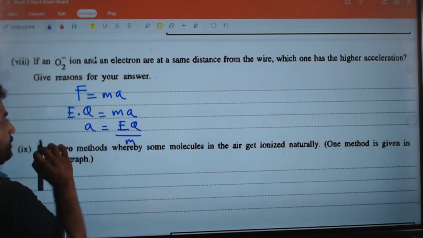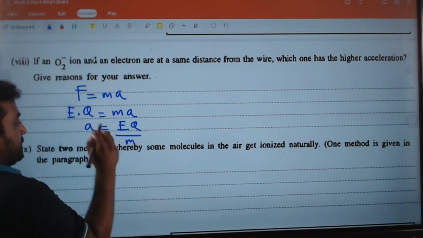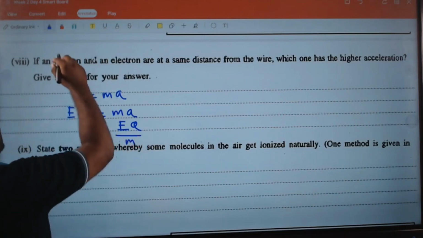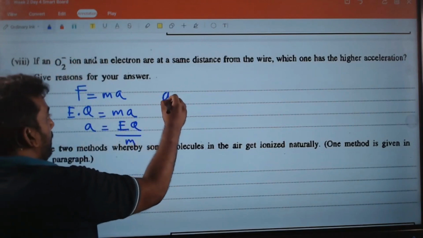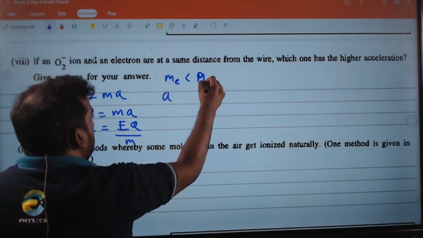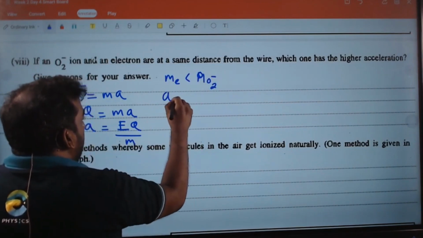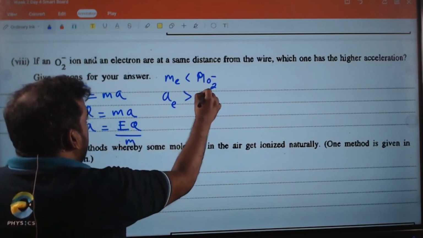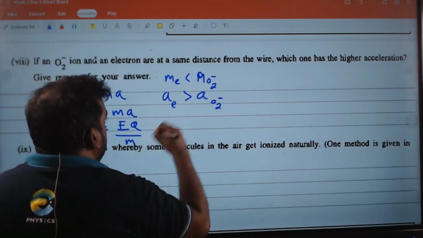Charge is the same. What about the mass? Mass of electron is smaller than mass of oxygen. Therefore, acceleration of the electron is larger than acceleration of O2 minus.